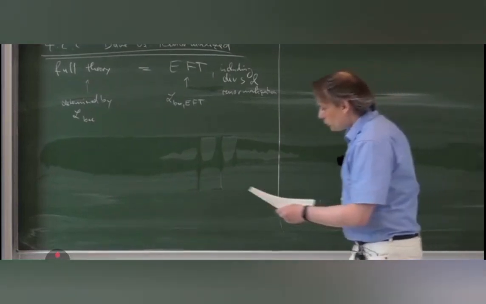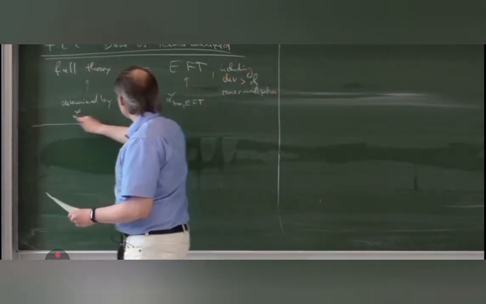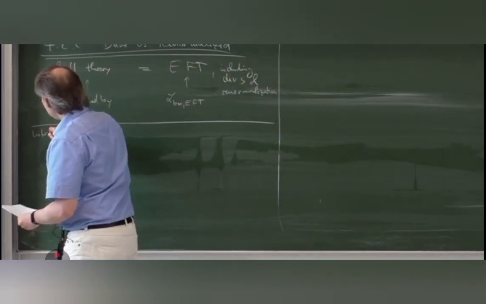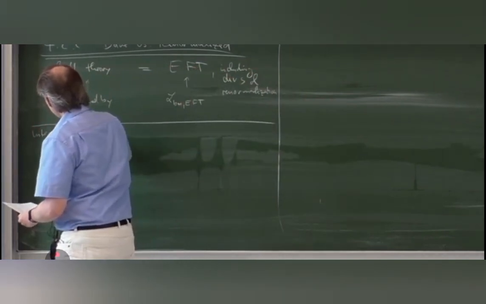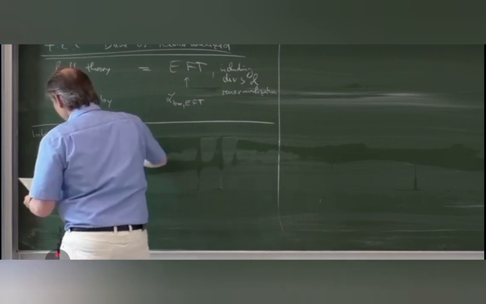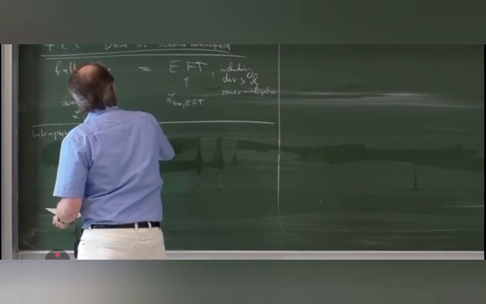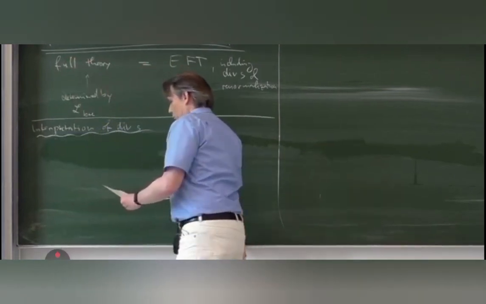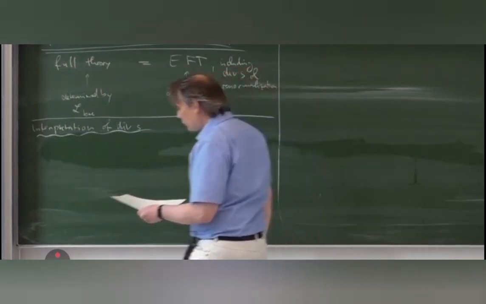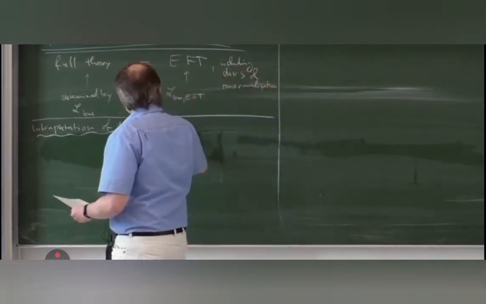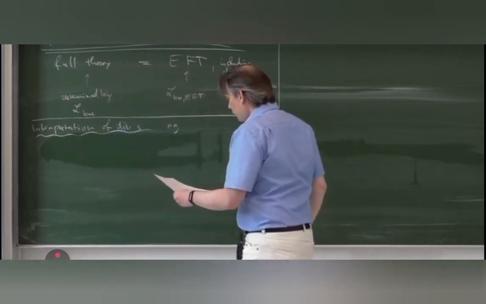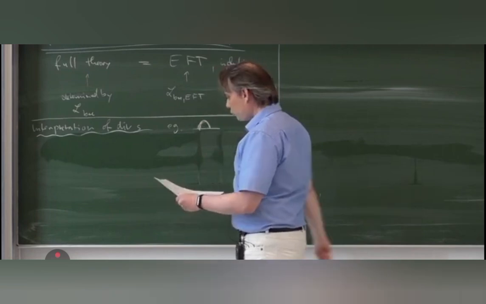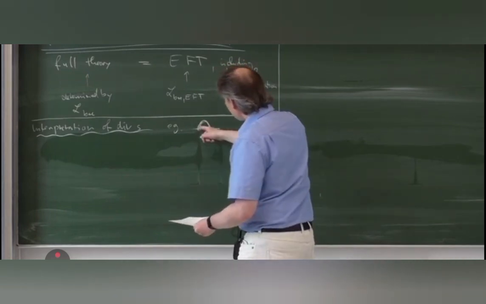But let me, as I said, illustrate this a little bit by going back to the method of regions. Let's say, give an interpretation of the divergences, or maybe an illustration with an example. So let us look again at the example of G minus 2, or at least similar to G minus 2.